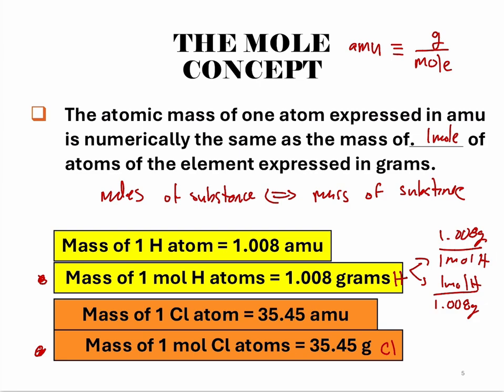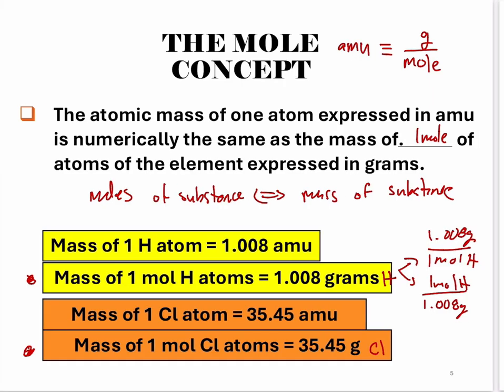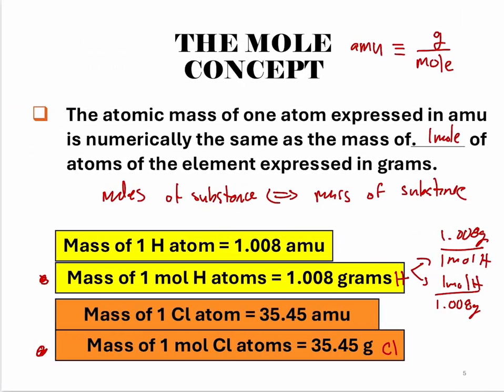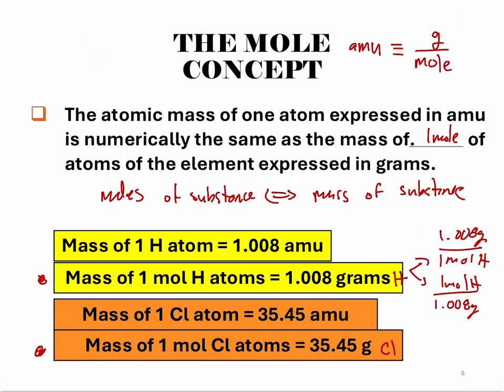And where do we get that number from? Well, that number is given to us on the periodic table. And what do we call that number? Well, we're going to call that number the molar mass. Why? Because it's the mass of 1 mole of substance.